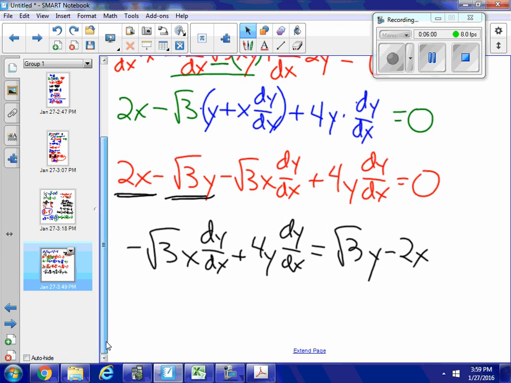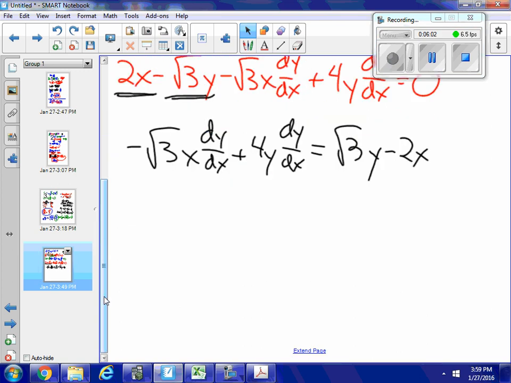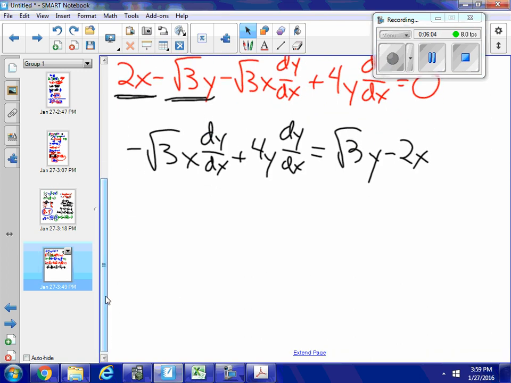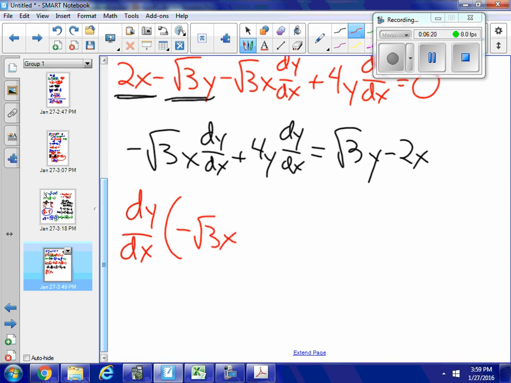Now that I've isolated my dy/dx's on one side of the equation, I'm going to use the distributive property and pull them out. So I have dy/dx, the derivative of y with respect to x, times negative radical 3x plus 4y, and that's equal to radical 3y minus 2x.